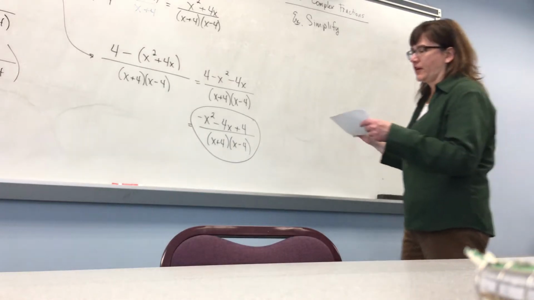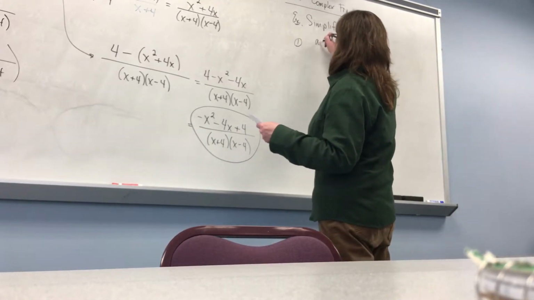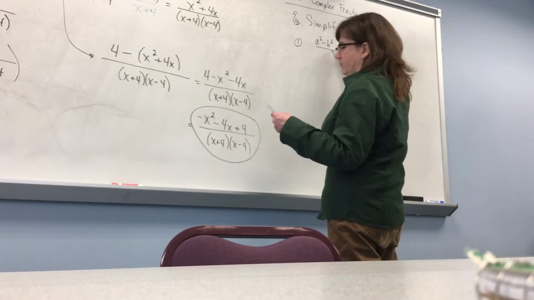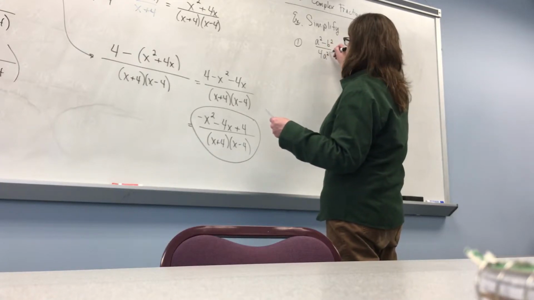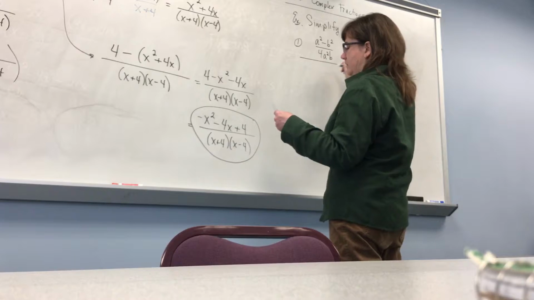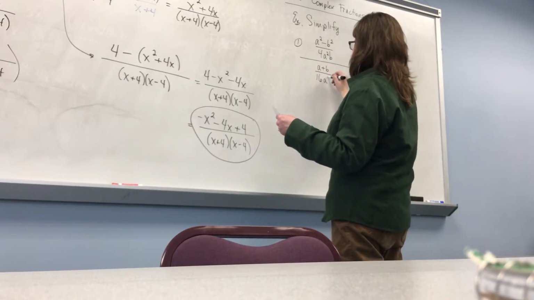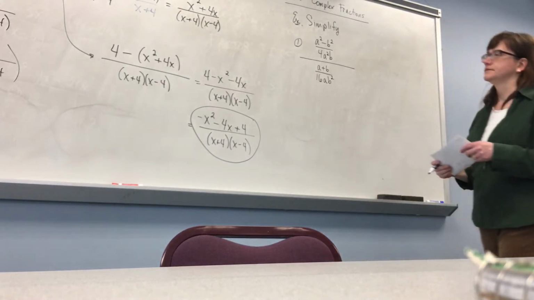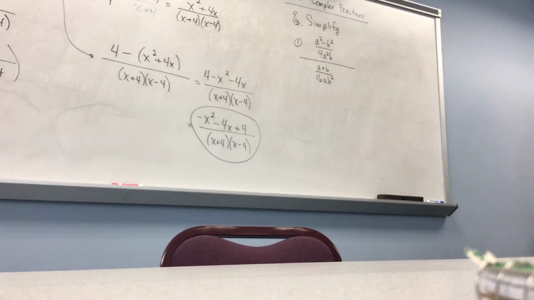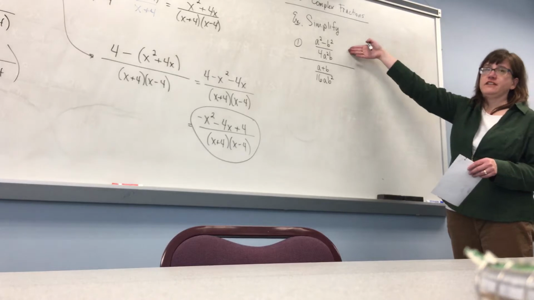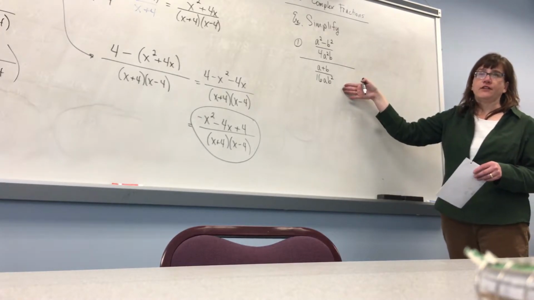A complex fraction might look like a squared minus b squared over 4a squared b, over a plus b over 16ab squared. This is a complex fraction because we have a fraction inside the numerator and a fraction inside the denominator.